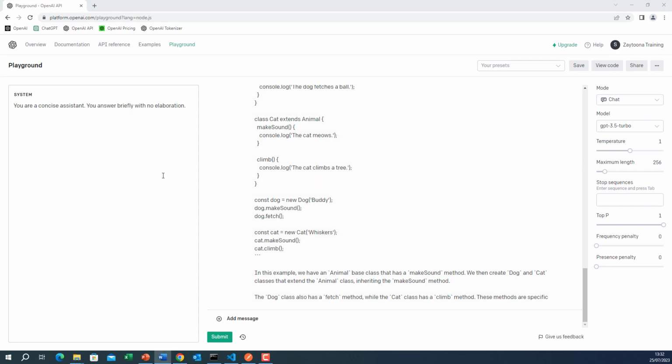So as you saw, you change the system role in order to give a certain behavior to the assistant. Also, you can ask him to respond in a certain character, in a certain way. For example, you reply with the style of Donald Trump.